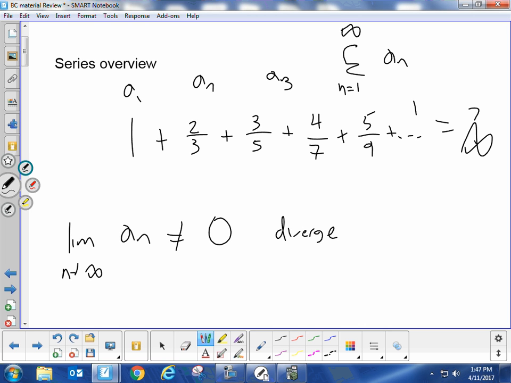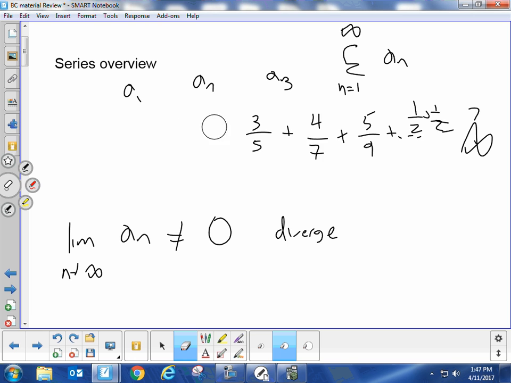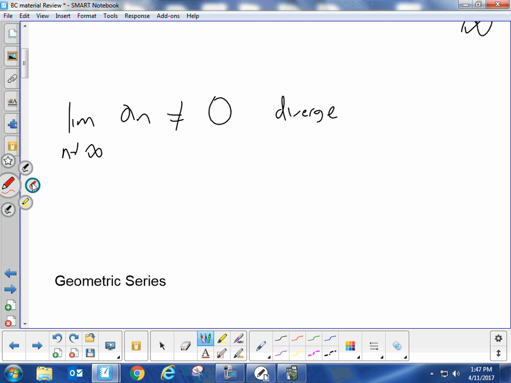Well, eventually you'd just be adding 1/2 each time. If I'm adding 1/2 each time, I'm not going to be adding smaller and smaller values. I'm going to diverge. So remember that your nth term must be approaching 0 for you to possibly converge. It's not always going to be the truth. It will be a possibility.